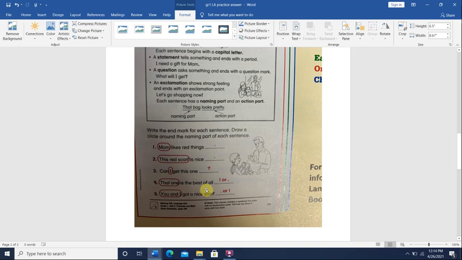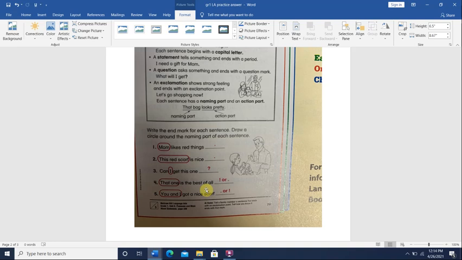Okay, number four, that one is the best of all. So it depends on how you say the sentence. I know some of you sometimes ask, Ms. Amy, I made a statement, and some people wrote exclamation. It depends on how you say it. If you say that one is the best of all when you're choosing between more than one thing, it's just a statement.